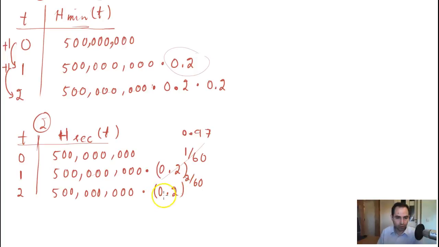So what is 0.2 raised to the power 2 by 60? It is the 60th root of 0.2 whole squared, which is something around 0.95.